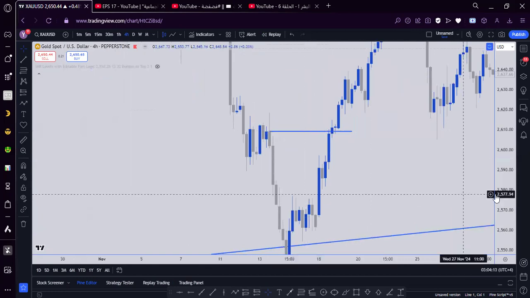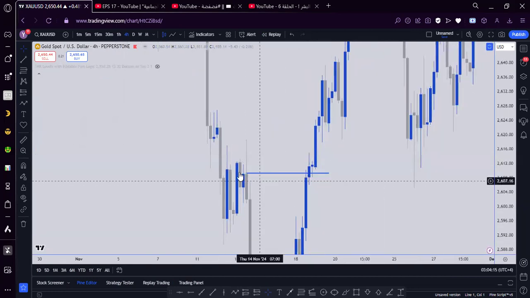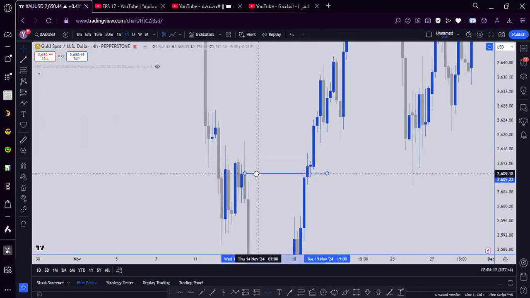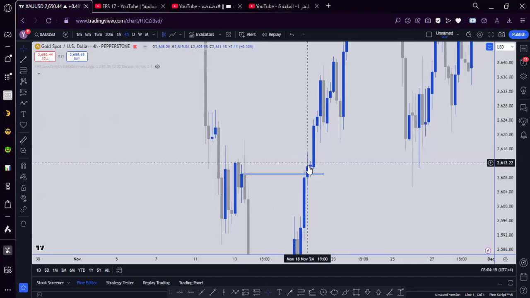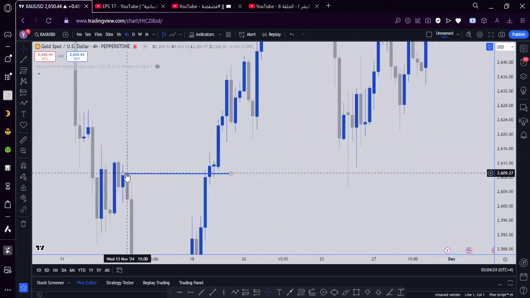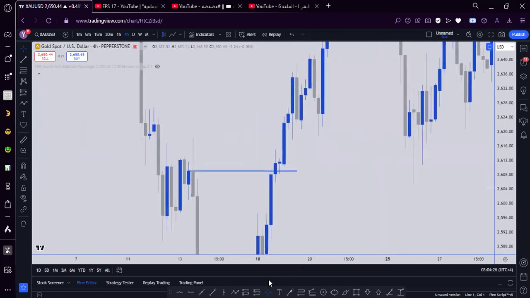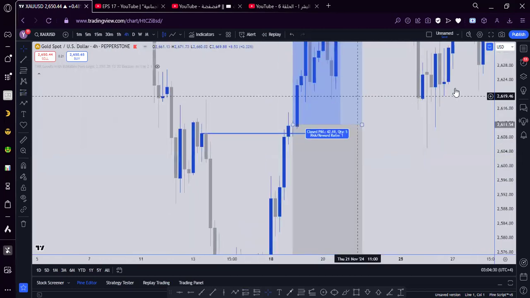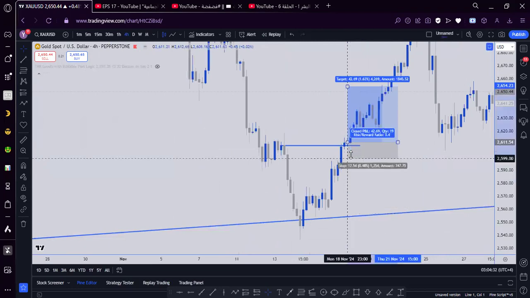After the price gives us our bullish breakout by closing this 4-hour candle, the price pulls backward to our A-shape level and gives us the confirmation. This candle closed above it.